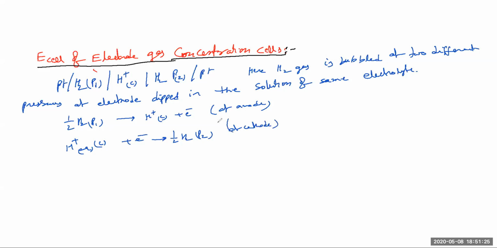You know all cell notation and cell reaction. For this, what is the E cell, EMF of the cell? E cell is equal to, that is already E naught is 0.00 only for hydrogen, log of whole power 1/2.